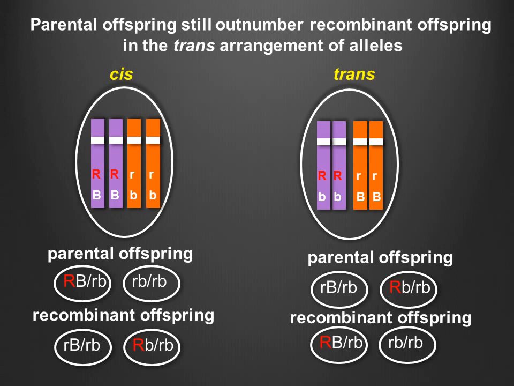However, the two classes of offspring that were of the parental type in the cis arrangement are now the recombinant type in the trans arrangement, and vice versa. Nonetheless, whether the alleles are in a cis or trans arrangement, we should still expect the parental offspring to outnumber the recombinant offspring.